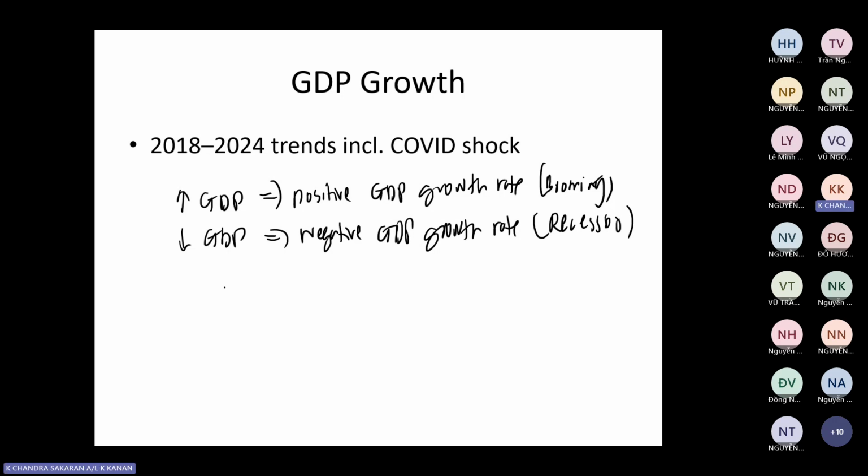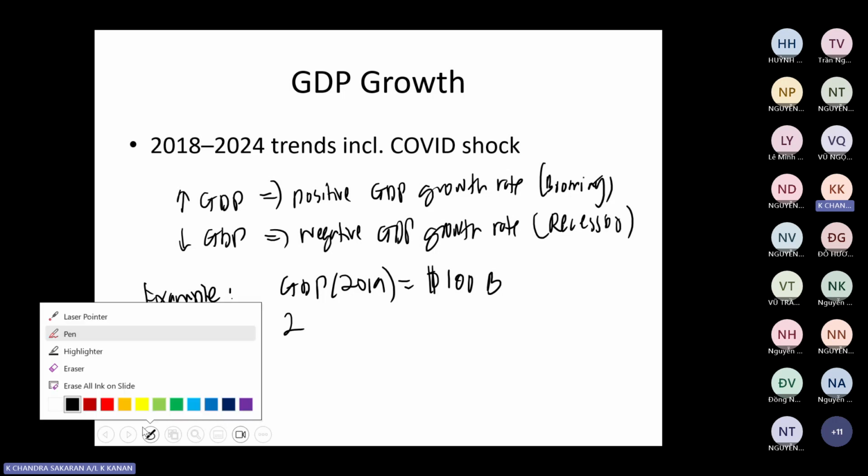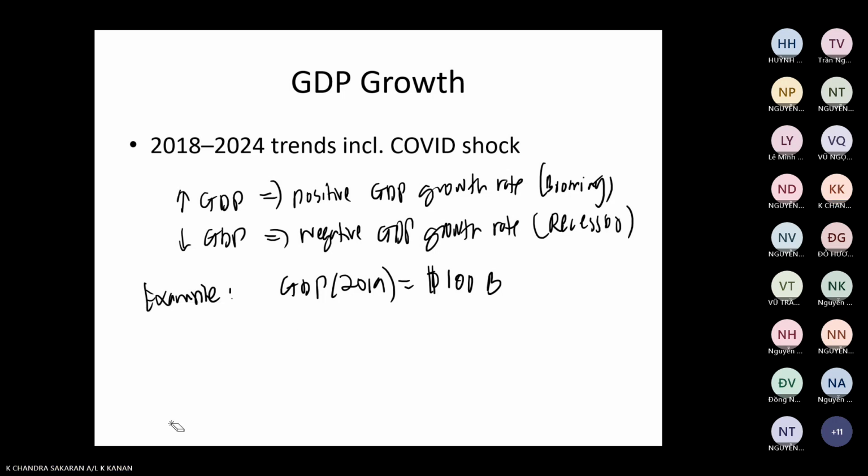Normally, for example, I just give you an example. GDP 2019, let's say it is 100 billion. GDP 2020. This one is annual GDP because I used annual.